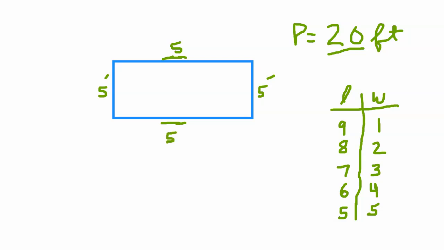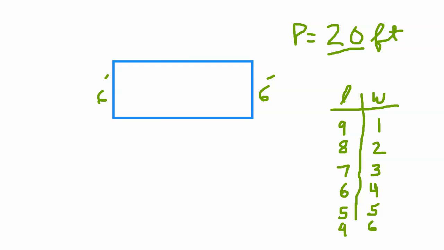And then if you keep going, if this time you replace the 5 with a 6, you take off 12, leaving you with 8 cut in half is going to be 4, but we already have that dimension.